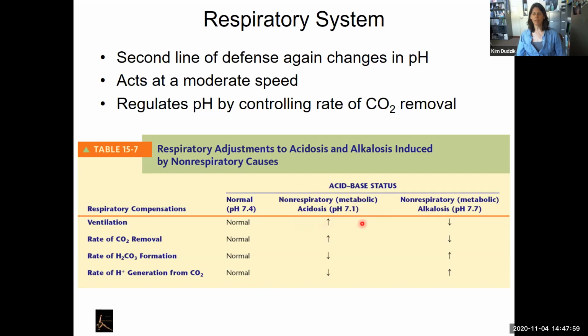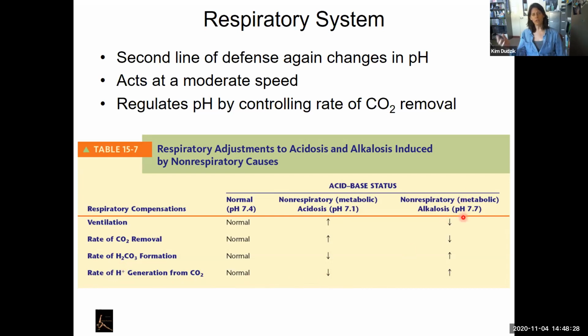So this means that you're holding on to carbon dioxide, so you're going to increase your rate of ventilation. If you increase your rate of ventilation, you're losing more carbon dioxide. That's what you need to do, because when you lose more carbon dioxide, you're reducing the carbonic acid formation, and you're reducing the rate of the hydrogen generation from carbon dioxide.